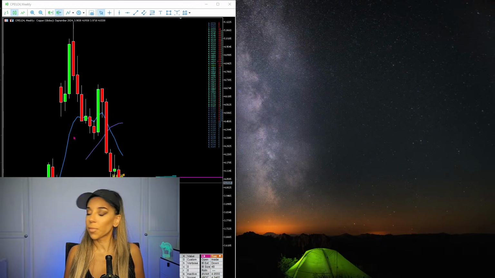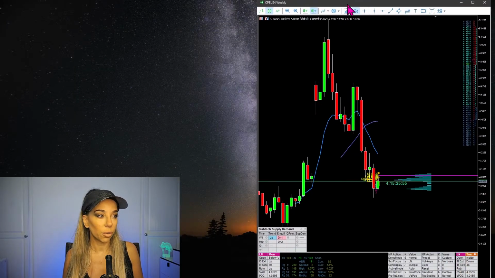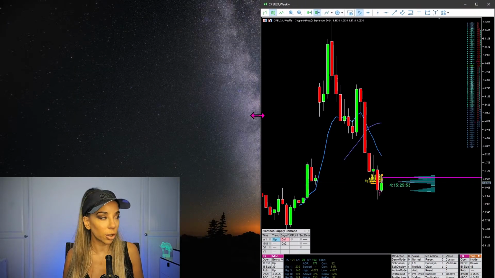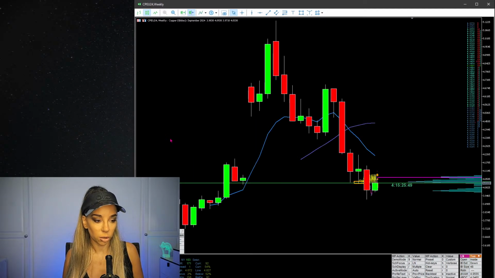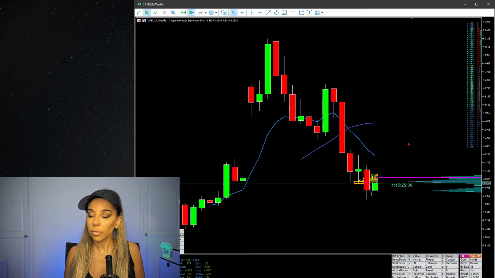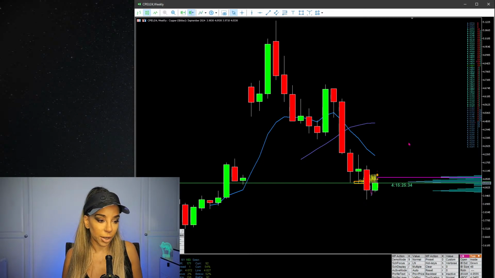All right, so let's focus on copper. Very, very large time frame, weekly chart. This is my charting platform that I like to use. It is AMP Futures MetaTrader 5 that has CQG data behind it. It is something that I'm very used to, and I can just do this very quickly. Obviously, I have some of my custom indicators on there.